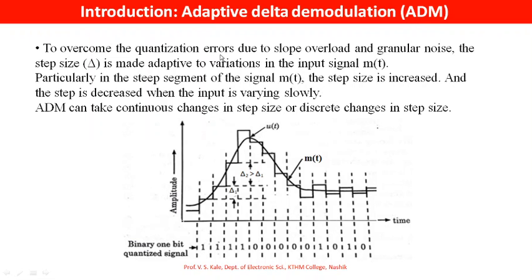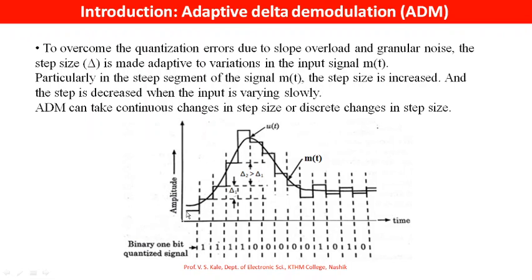To overcome the quantization error due to slope overload and granular noise, the step size delta is made adaptive to variation in the input signal m of t. Particularly in the steep segment of the input m of t, the step size is increased and the step size is decreased when the input signal is varying slowly.